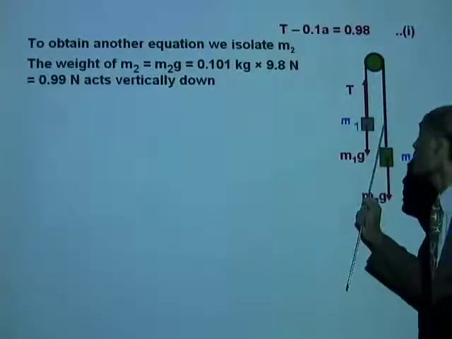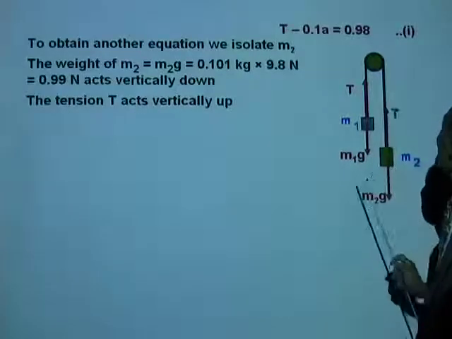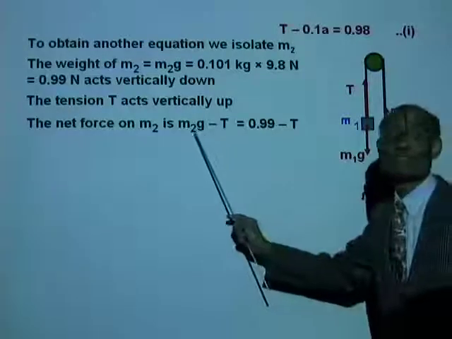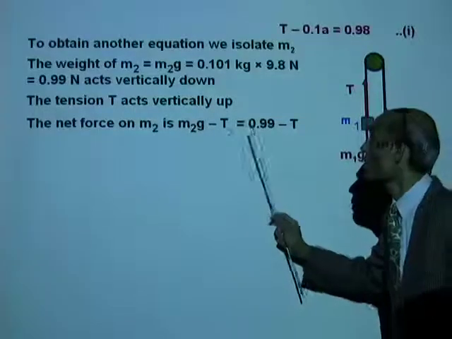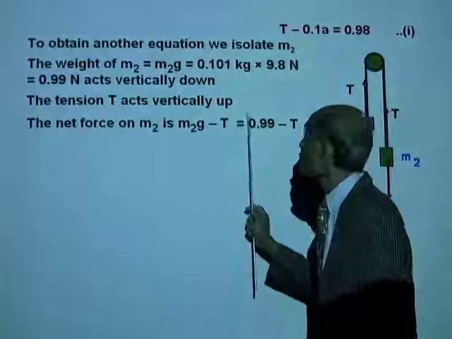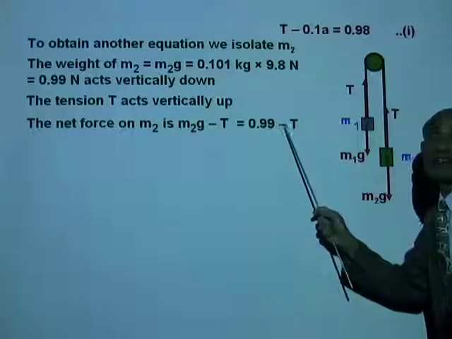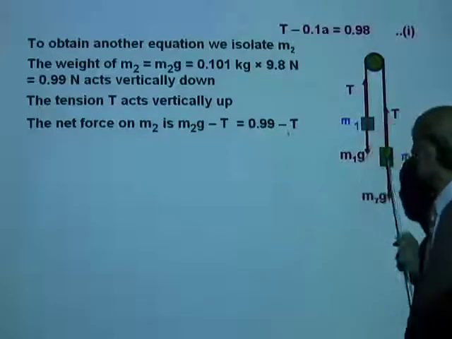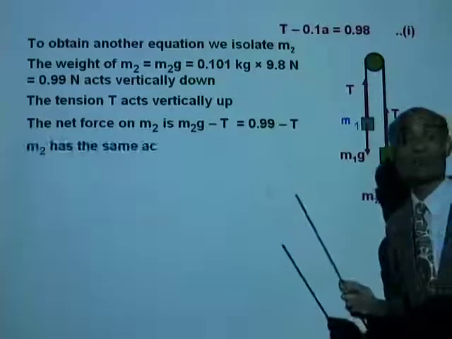What is the force on it acting up? The tension T is acting vertically up. Therefore, what is the net force? The net force is M2G minus T, or M2G we know is 0.99. So the net force on the mass M2 is 0.99 minus T. Well, this net force must be equal to the mass M2 times its acceleration.